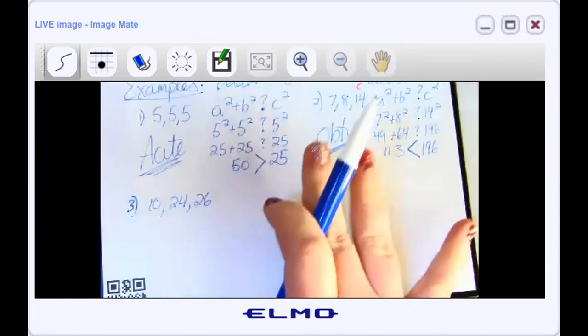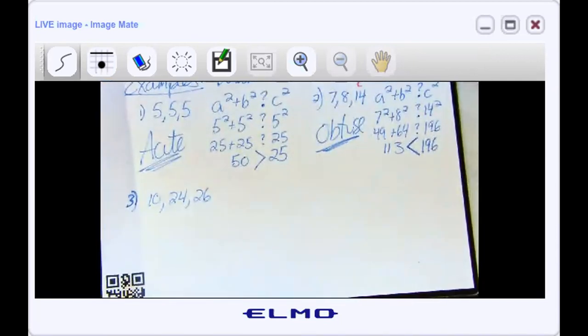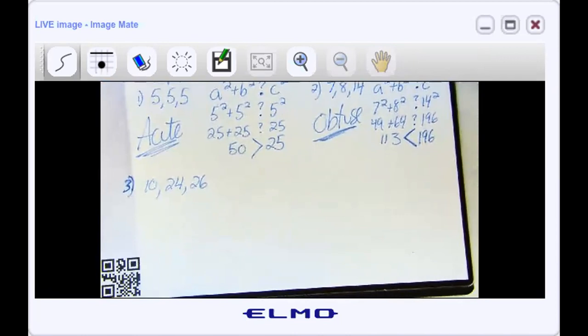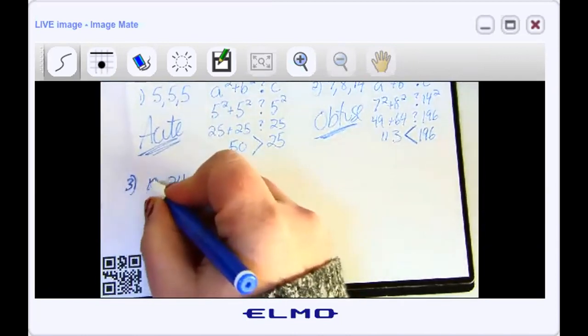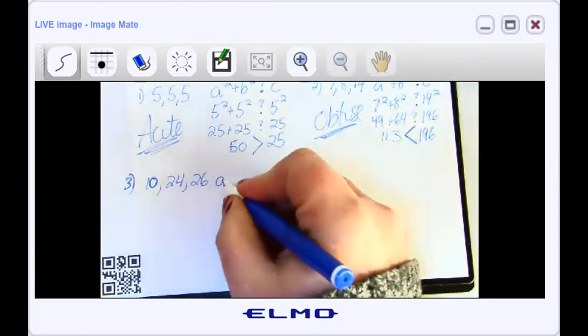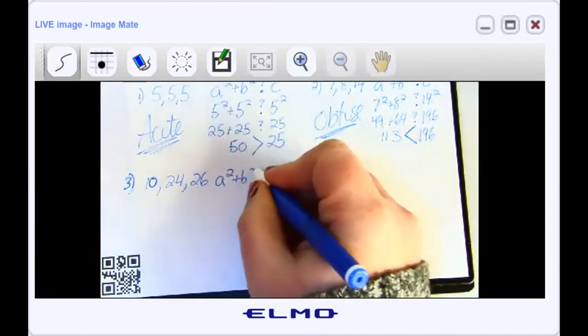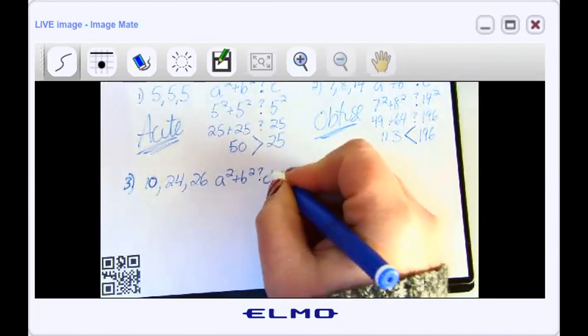So with 10, 24, 26, did anybody get an answer? So remember, you've got to test a squared plus b squared. How does it compare to c squared?